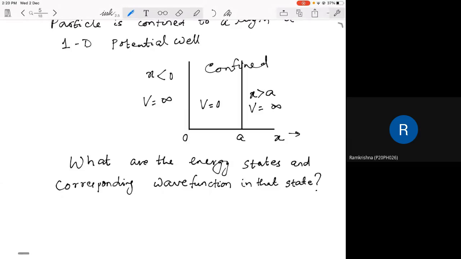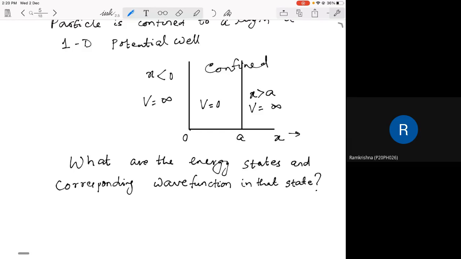This is a one-dimensional box with a length a. But it is still a free particle within the box, so the potential energy within the box is zero, and the potential outside the box is infinite.